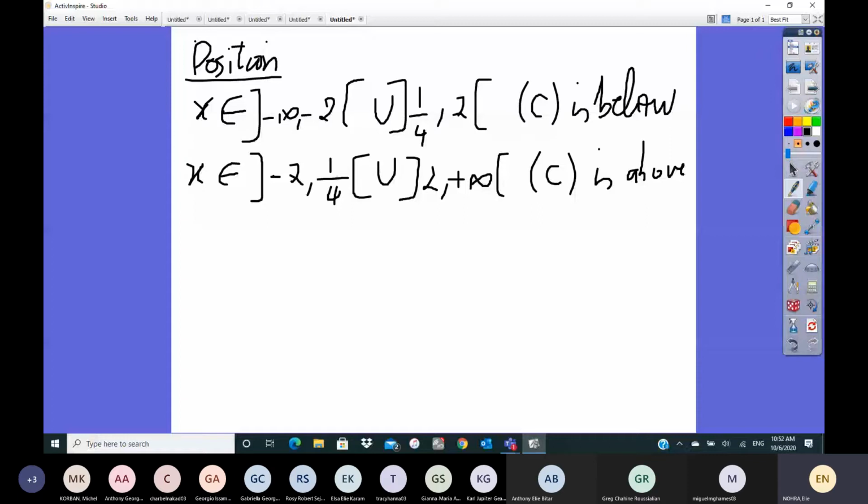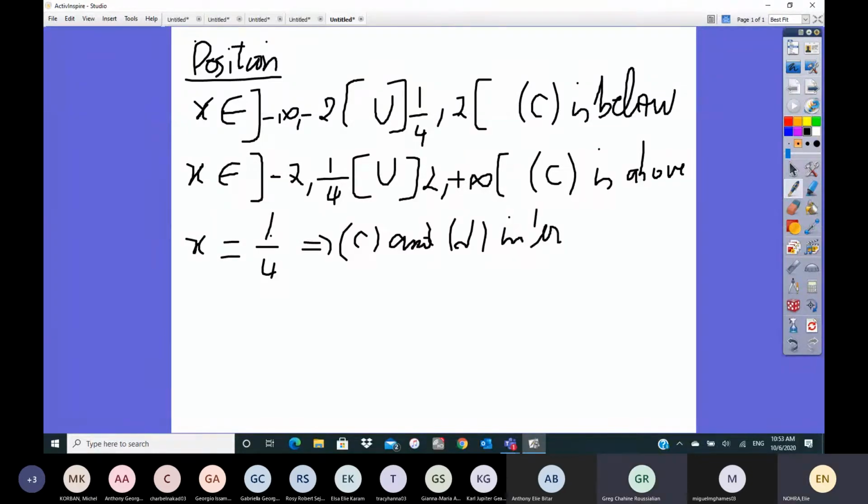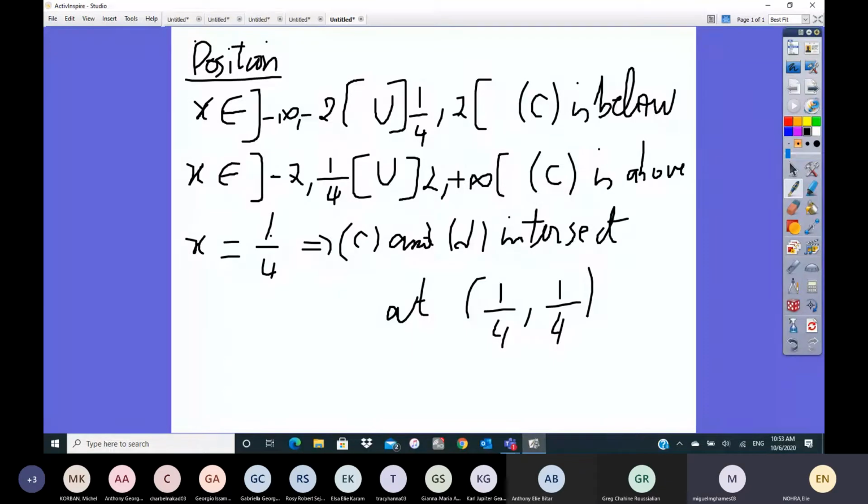Not to forget, which is very important, if x equals 1/4, then C and D intersect at 1/4, 1/4. I got the 1/4 of the ordinate because it's y equals x. y equals x, so x and y are equal. Excellent job.